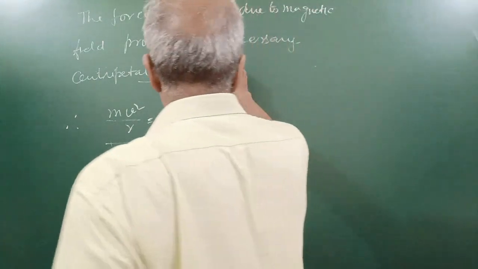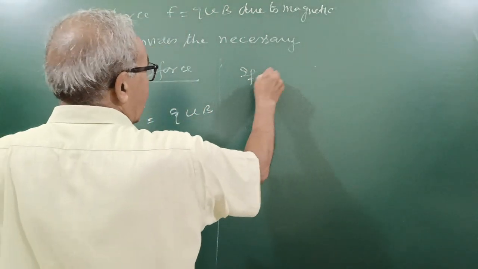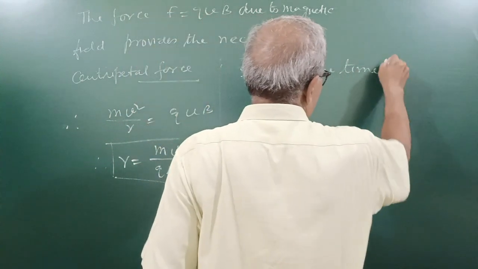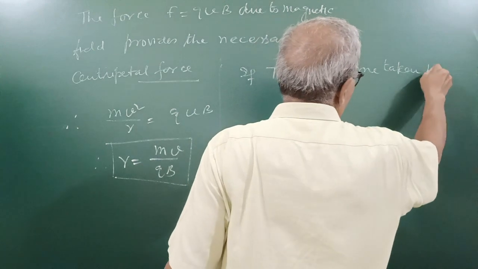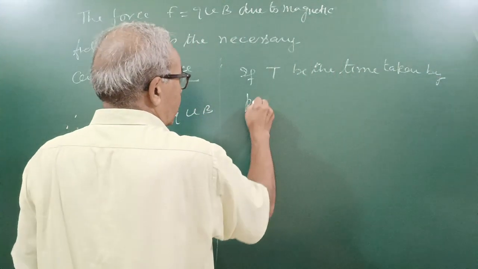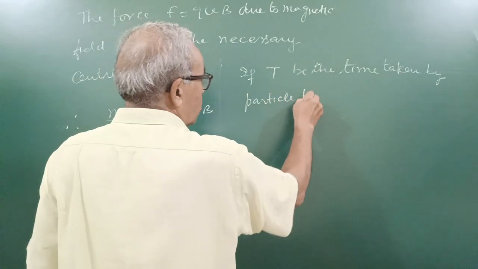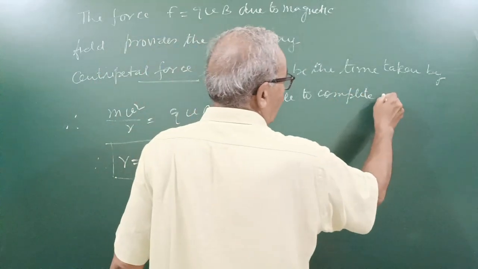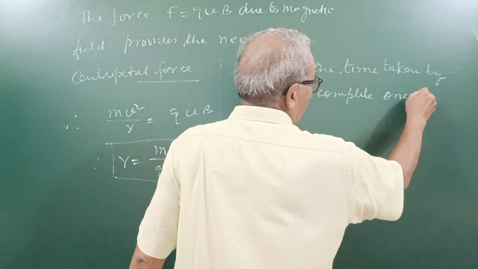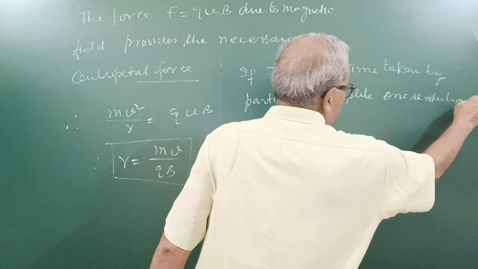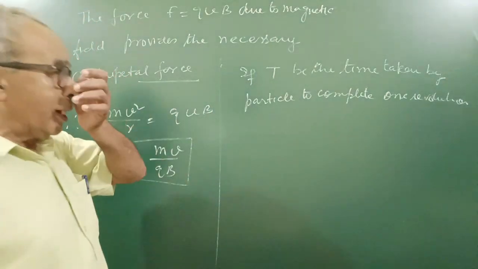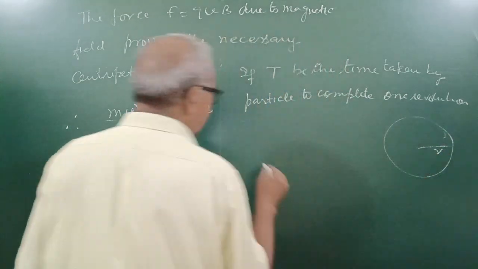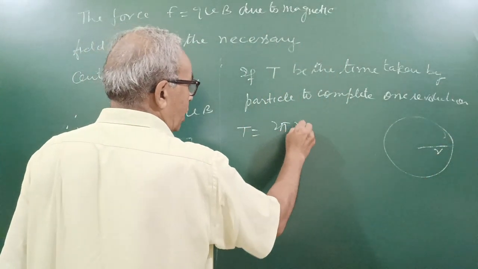Now if capital T be the time taken by the particle to complete one revolution of the circular path of radius r, then T equal to 2 pi r upon v.